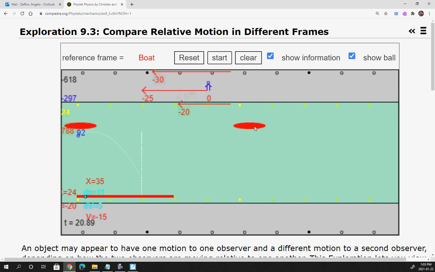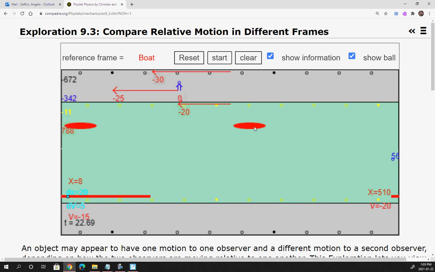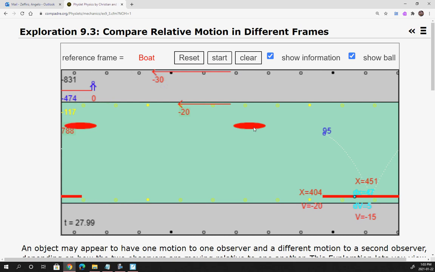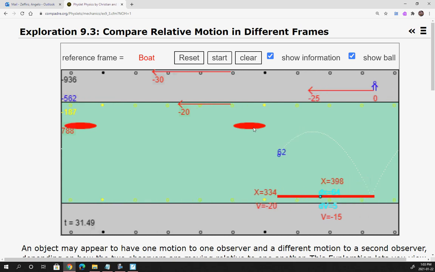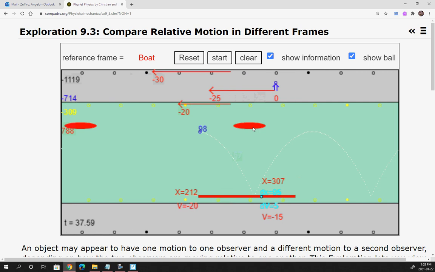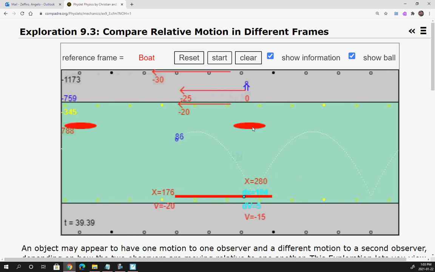Oh my goodness, it's a parabola as well, but it's in the other direction. See? So this is a neat little simulation that I hope is helping you understand reference frames and observing velocities from different reference frames. Okay?